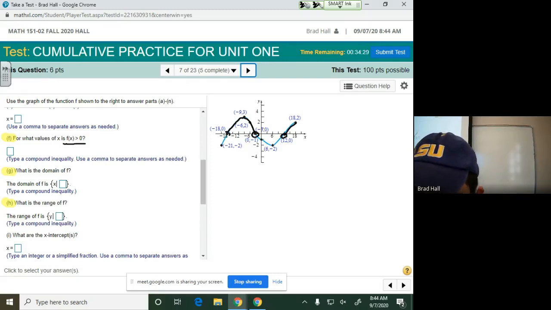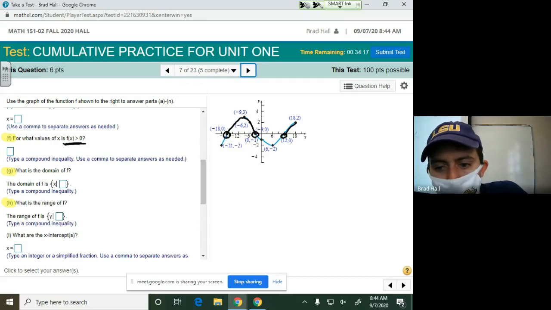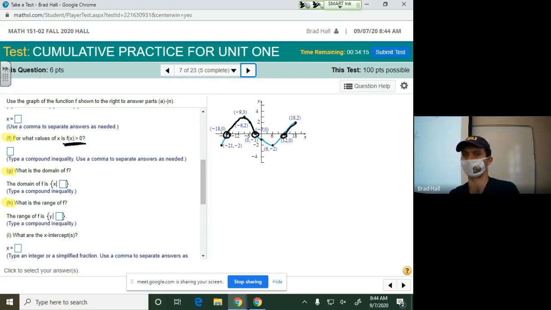And notice I'm putting open circles at each one of the places where the graph intersects the x-axis, because we're looking for when the function is strictly greater than 0. Strictly greater than, not equal to. So I'll put open circles at each one of those points just to remind us not to include those.